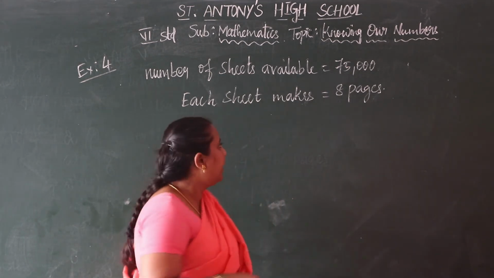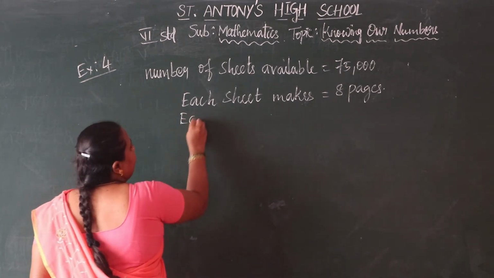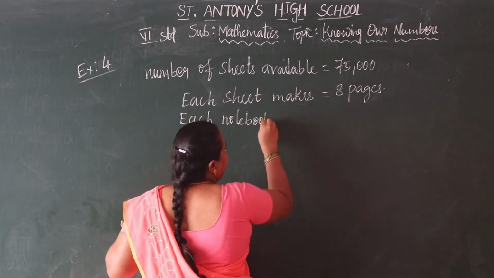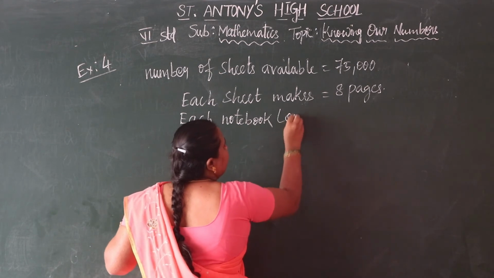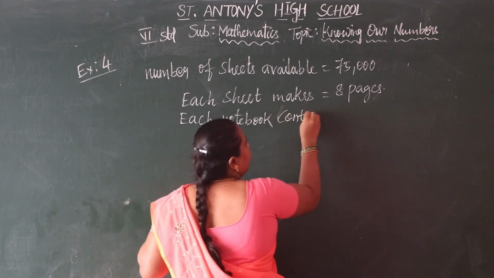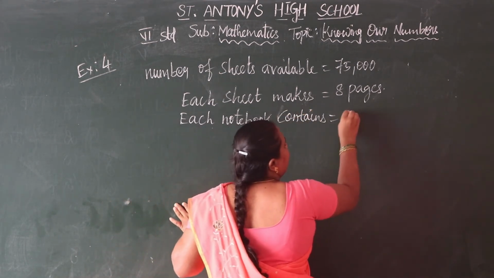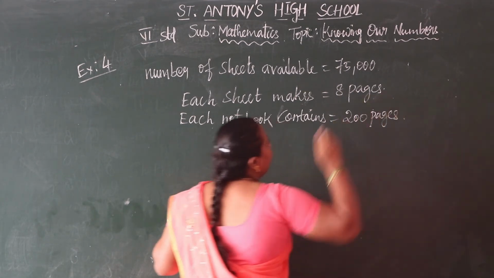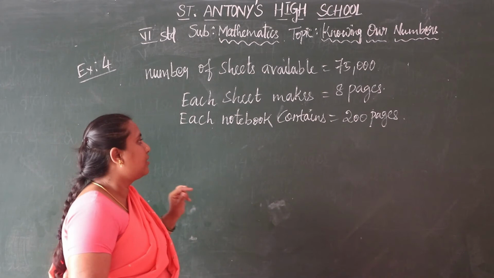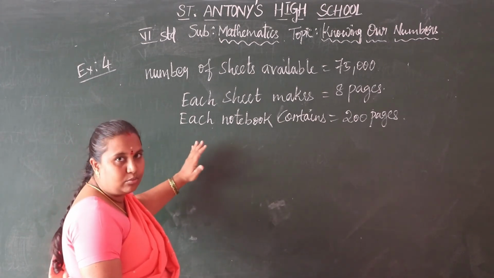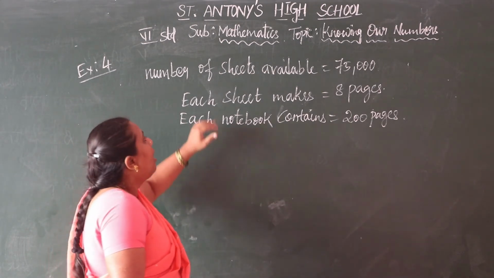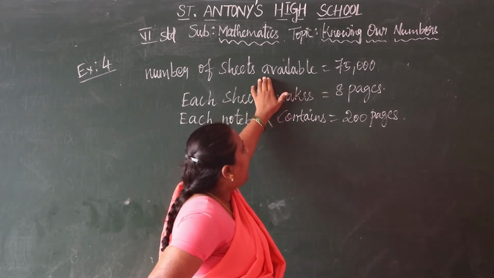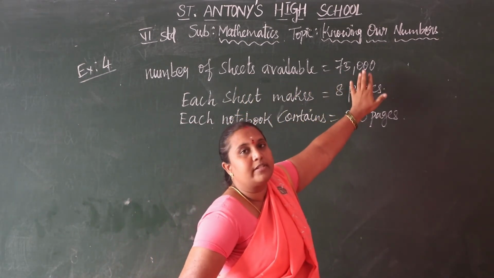Each notebook contains 200 pages. Okay, so now what we want to find out here is how many notebooks can be made by these 75,000 sheets.